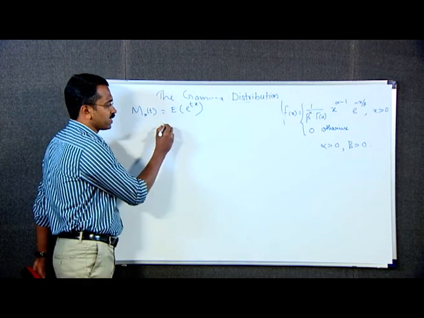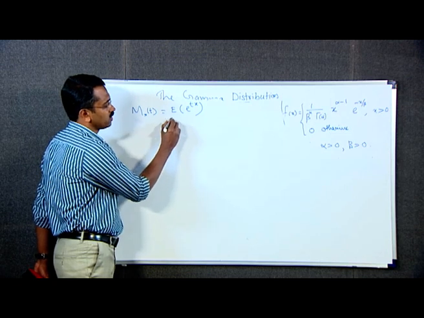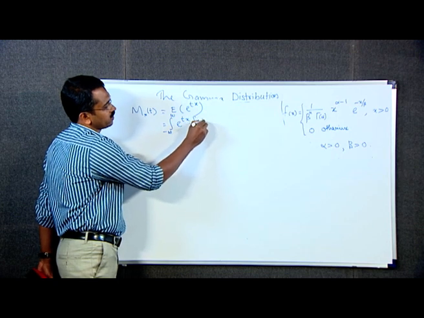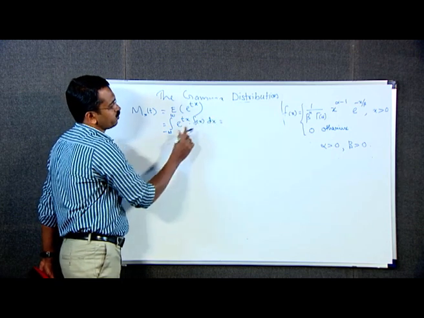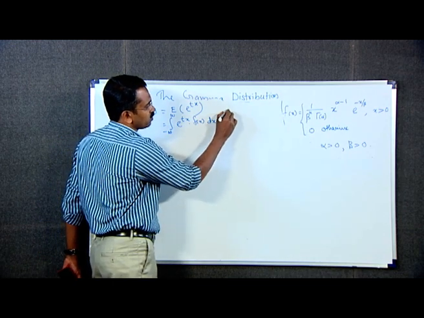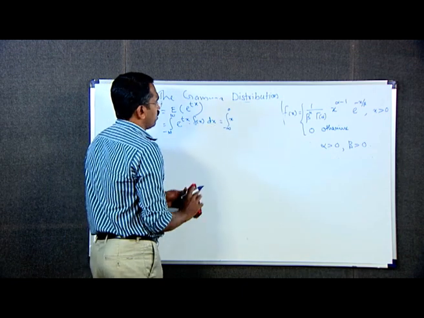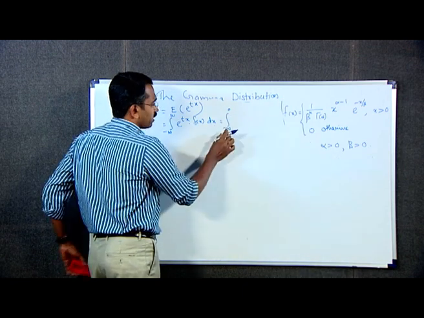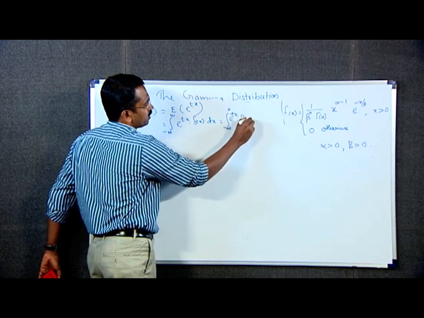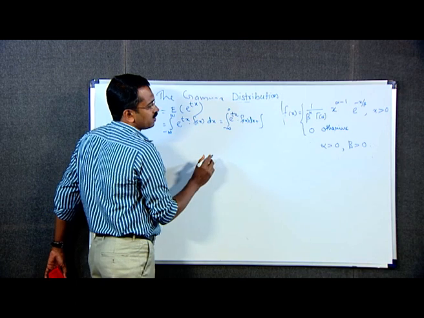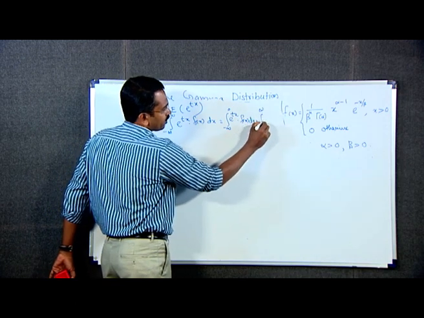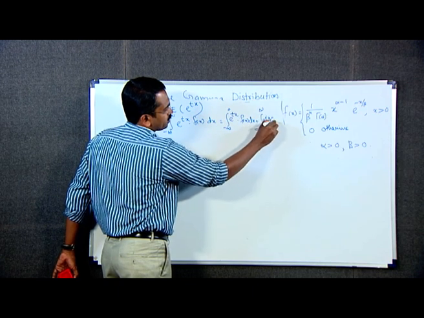By the definition of expectation, it is integral from minus infinity to infinity e raised to tx into f of x dx. We split this integral into two. One is integral from minus infinity to 0 e raised to tx into f of x dx, plus the second one is integral from 0 to infinity e raised to tx f of x dx.